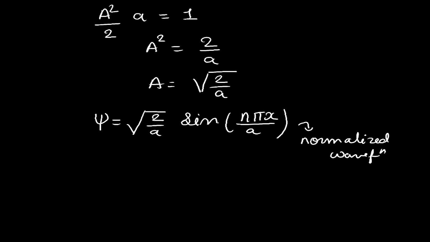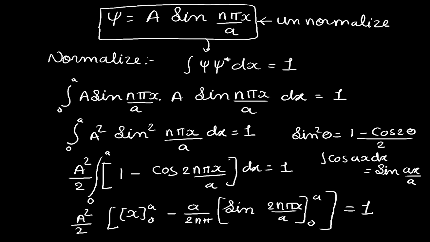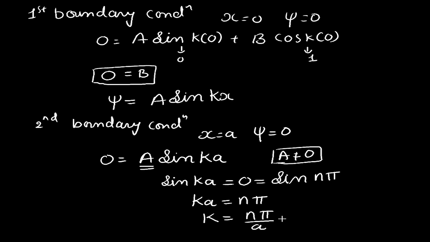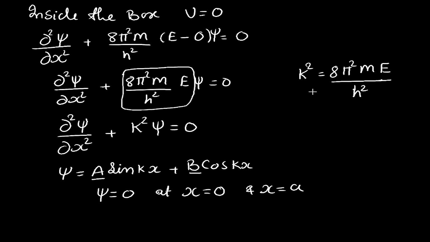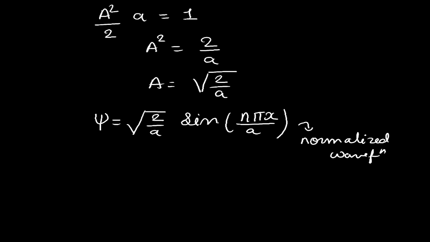The next thing we will be obtaining is the energy, and in order to obtain the energy we have two expressions. First is k is equal to n pi by a. Also we have considered k square is equal to 8 pi square m E by h square. So I will just write down both the expressions.